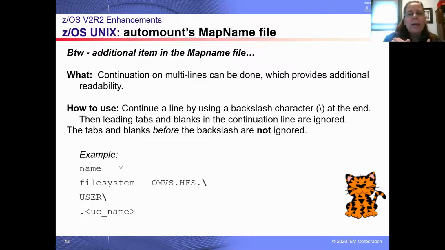And so what we have the ability now is to have multiple lines coded in the map name with a continuation character. What it will do is if you put a continuation character into the map name, everything after the slash will be ignored, and then it will go down to the next line, and then it'll start reading again. And you can have multiple of these continuation lines as you see here.